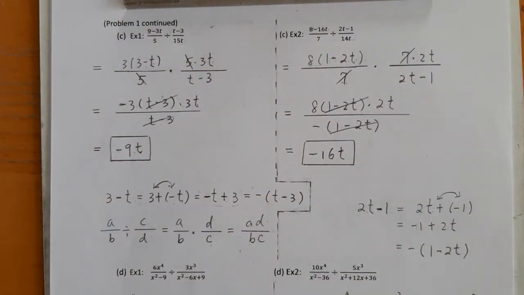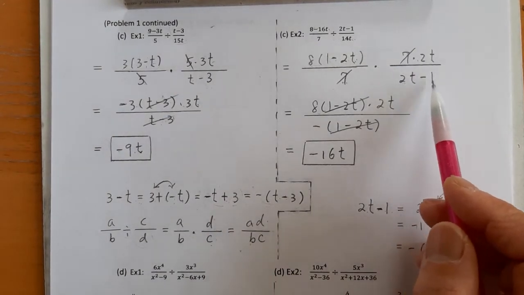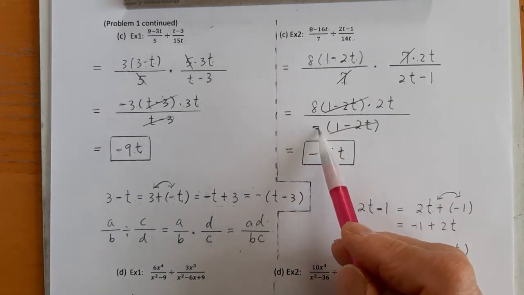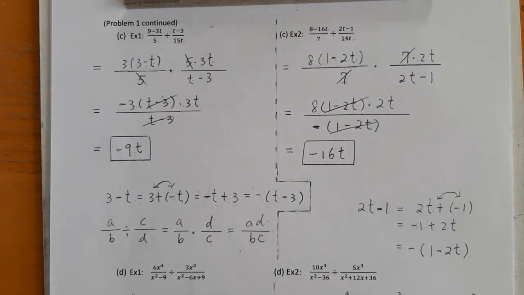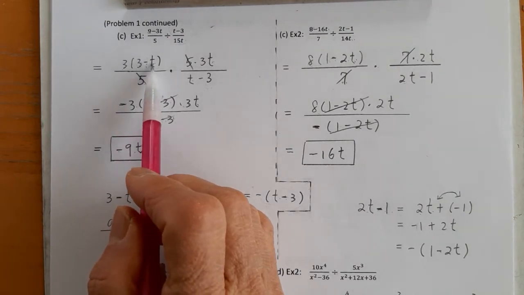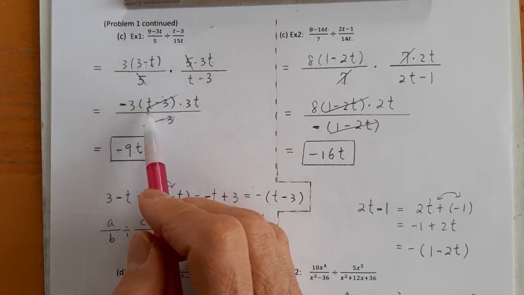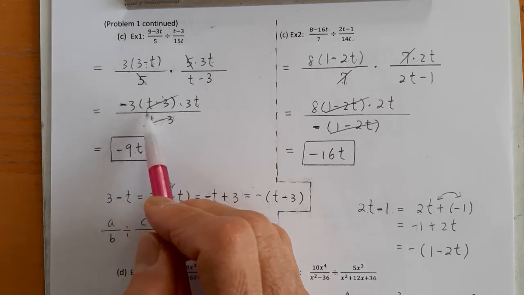So the quick way is to just exchange the two, so it becomes 1 minus 2t, and put parentheses in front with a negative sign. Like this, 3 minus t: the quick way is to put a negative sign in front, and t minus 3, exchanged. t minus 3, with a negative sign in front.